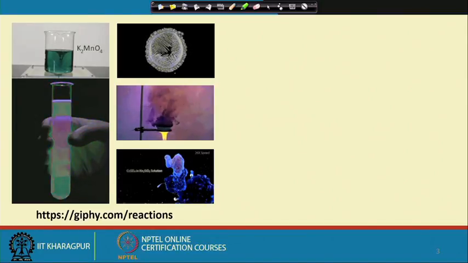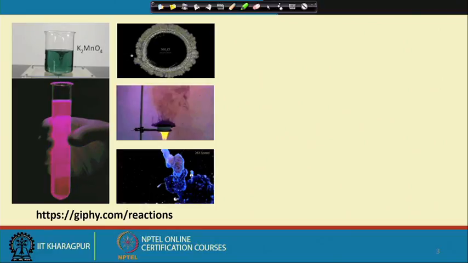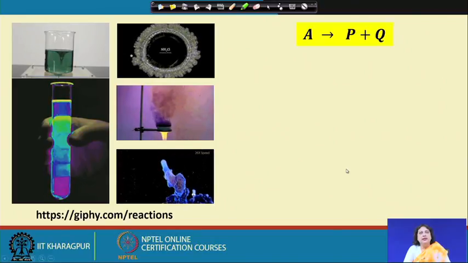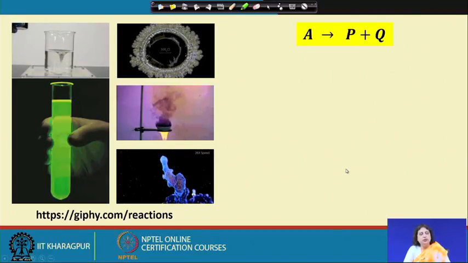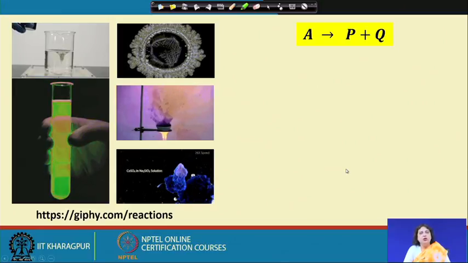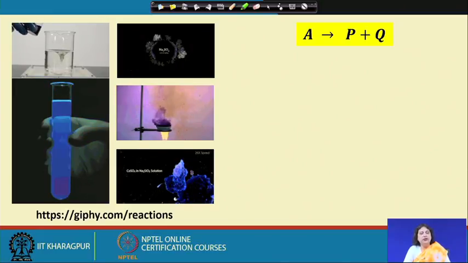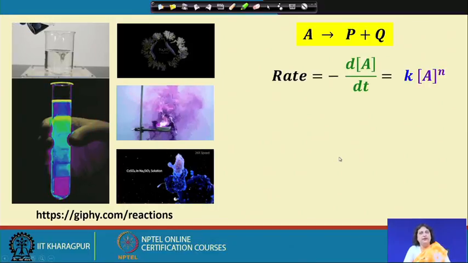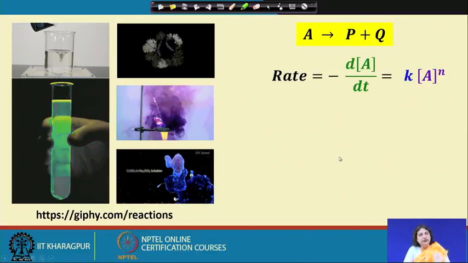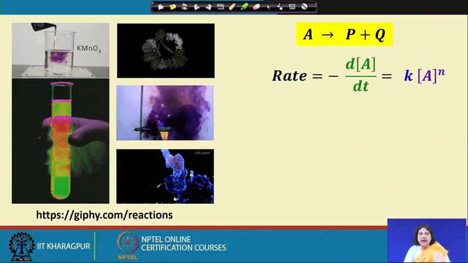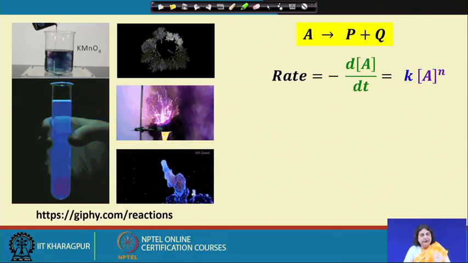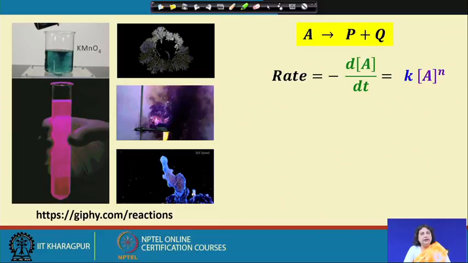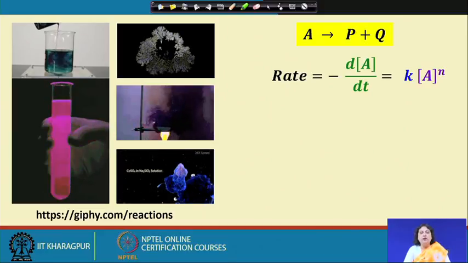Now, if I want to find out the rate of such a chemical reaction, the standard thing to do schematically is you write down a stoichiometric chemical equation as shown here, and then you write the rate of the reaction as the rate at which the reactant A is degrading in time so that the products P and Q are formed.